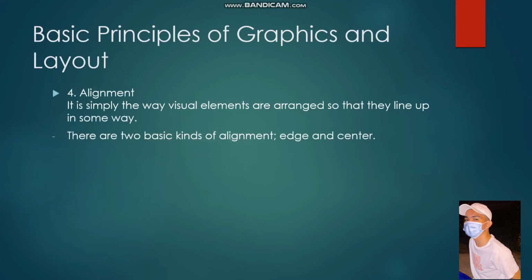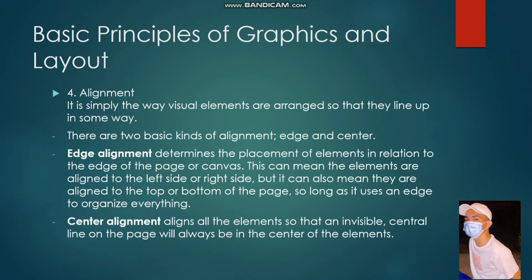And next is alignment. It is simply the way visual elements are arranged so that they line up in some way. There are two basic kinds of alignment, the edge and center. Edge alignment determines the placement of elements in relation to the edge of the page or canvas.